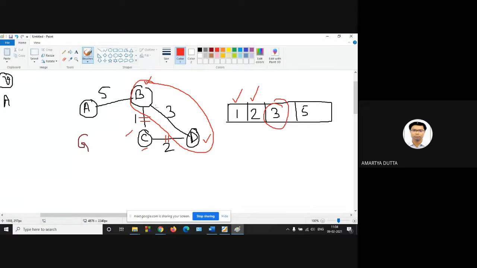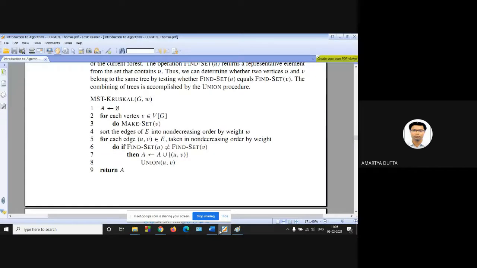Now if we take this edge, then the representing parent of B, we can choose the parent of B as C. Let C be the parent of B. At the same time, C is connected to D. So we can easily say that C is the parent of D also. So if find set U is not equal to find set V, this is false for this case.